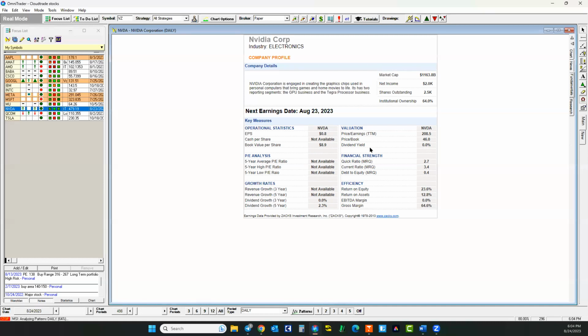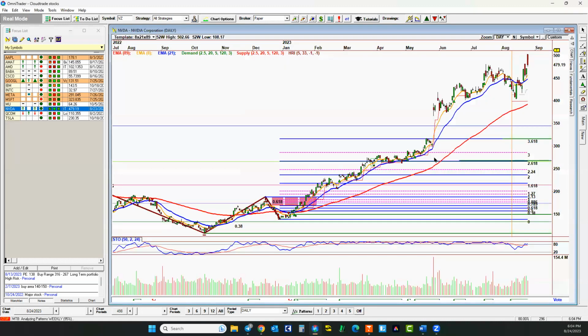So NVIDIA doesn't fall into that category at this point. Even though their earnings are fantastic, they're still very expensive, and I'm not really prepared to add that into my long-term portfolio at those valuations. So that's a little bit of feedback, and the P/E ratio is a nice little guide to decide when a share is cheap or expensive.